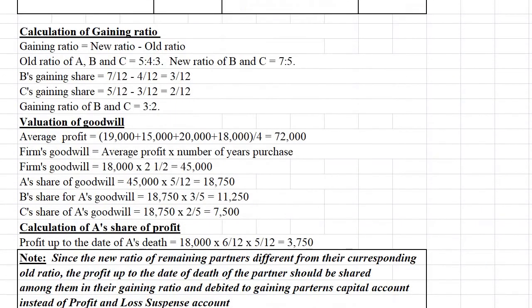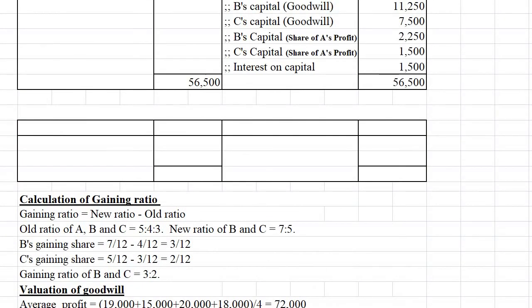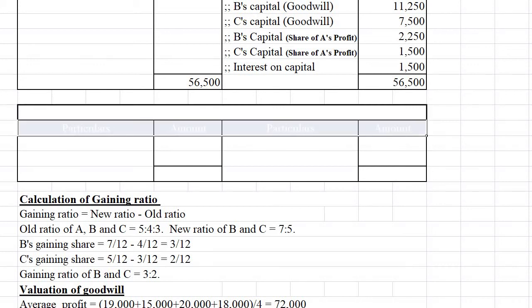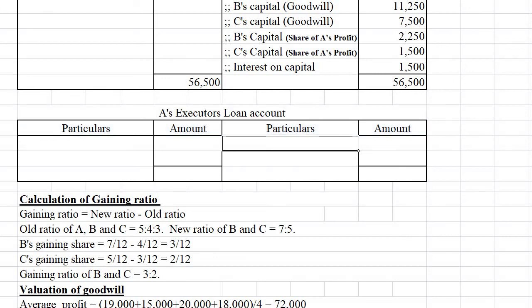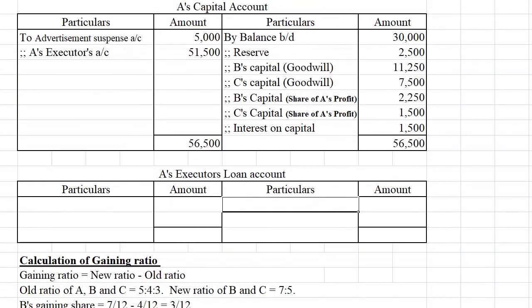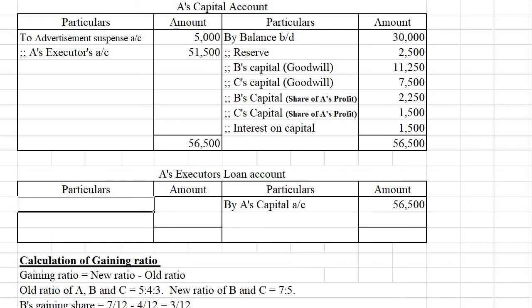So we are preparing A's executor's account. Executor's loan account is prepared. In A's capital we have debited A's executor's account. So in A's executor's account we can credit as by A's capital amount 51,500.